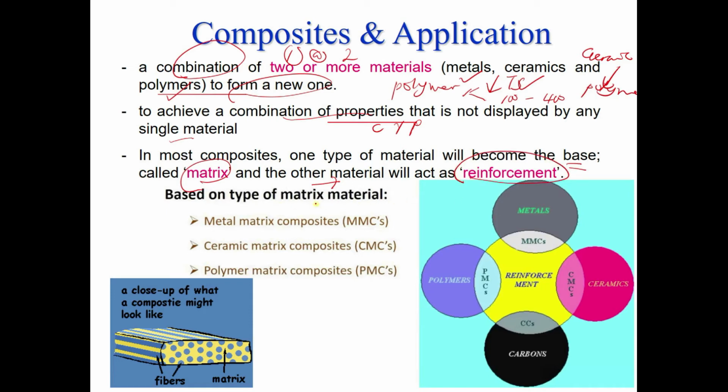We can classify composites based on their matrix. So we can have either metal matrix composite, short MMC, ceramic matrix composite, CMC, as well as polymer matrix composite, which is PMC. This is one schematic diagram showing an example of a polymer matrix composite system.